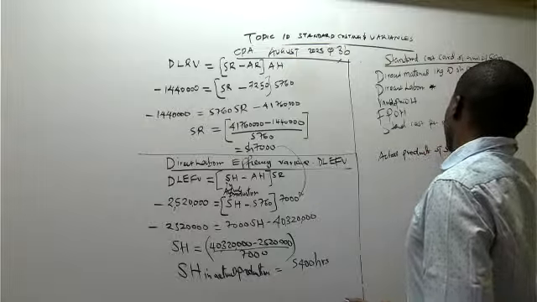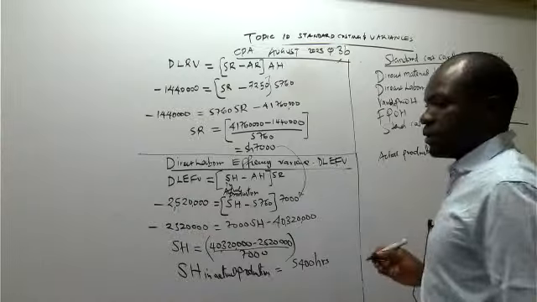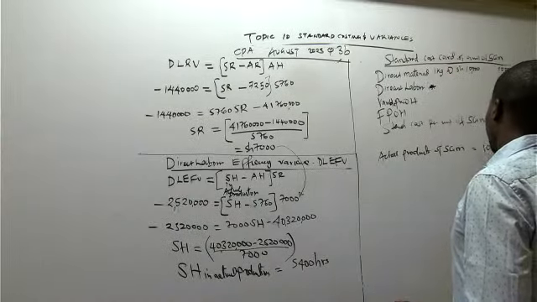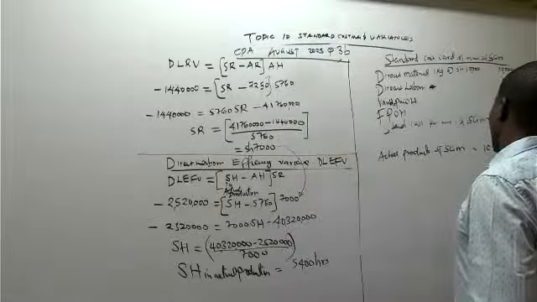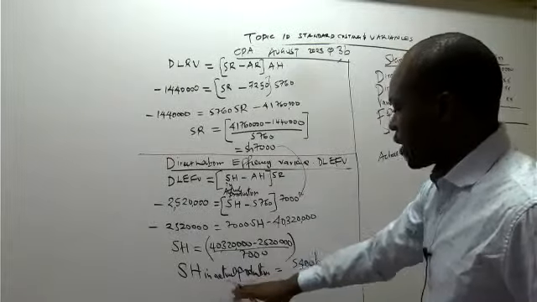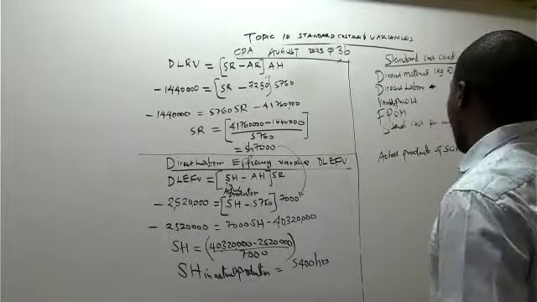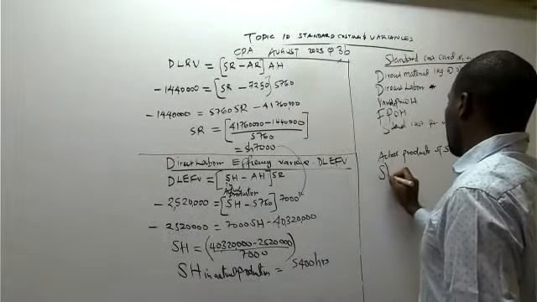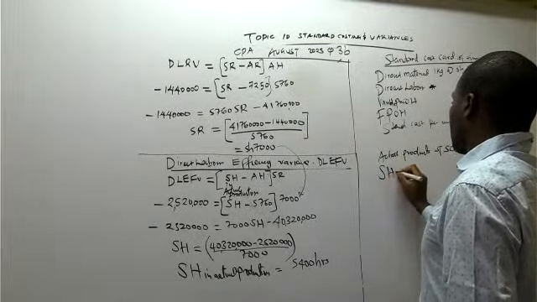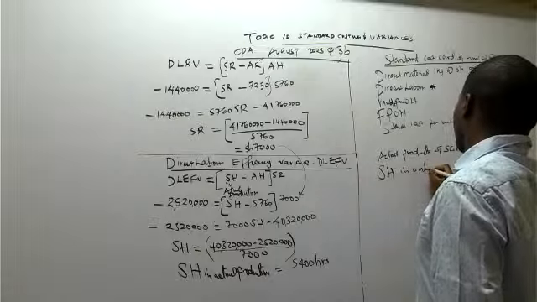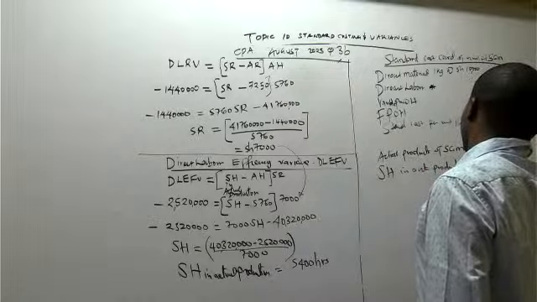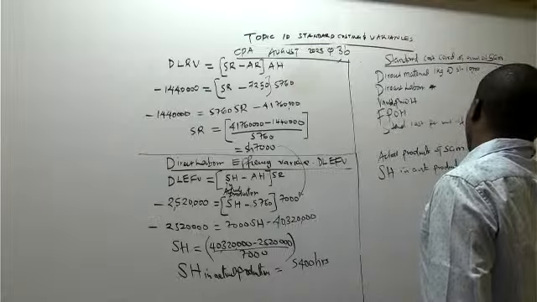How many units? 1080 units. The standard hours that were used in that actual production is 5,400 hours. So standard hours in actual production is equal to 5,400 hours.